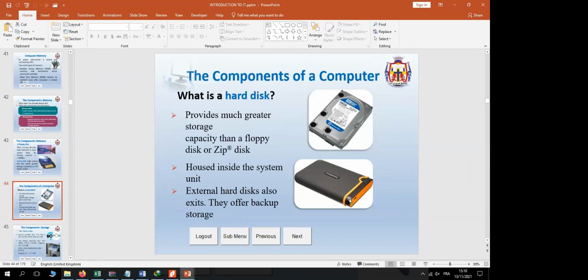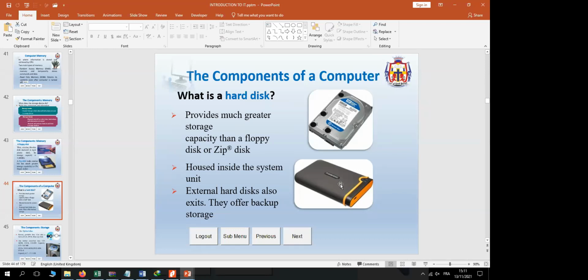Then we have the external hard disk. This one is connected from the outside. It is usually for backup purposes. By the way, it's always important to back up your information so that in case the main source, that's your computer, gets a problem, maybe it has crashed, maybe there is a virus that has infected the device, you're able to have an alternative copy.